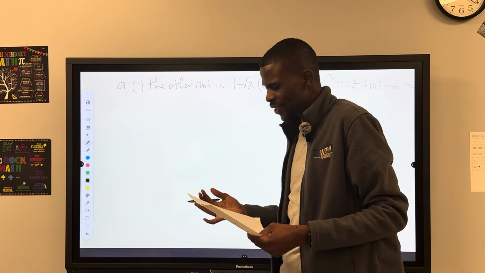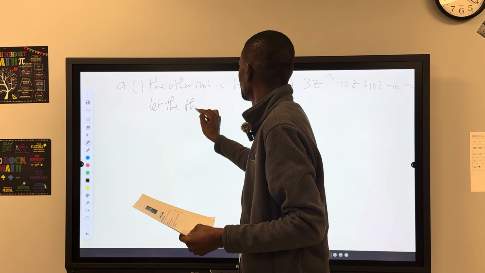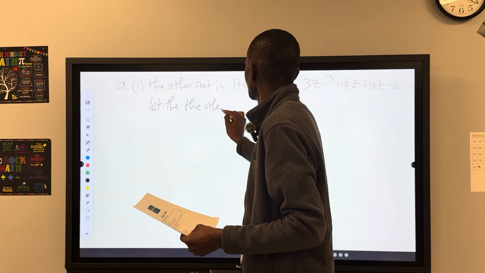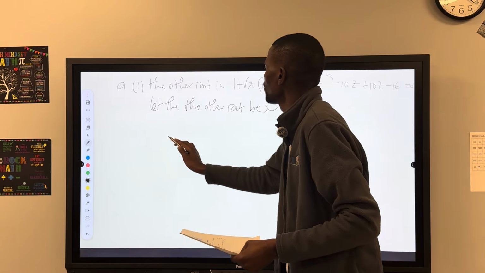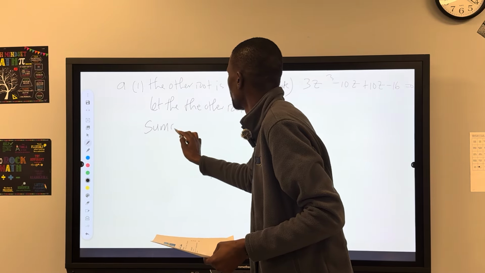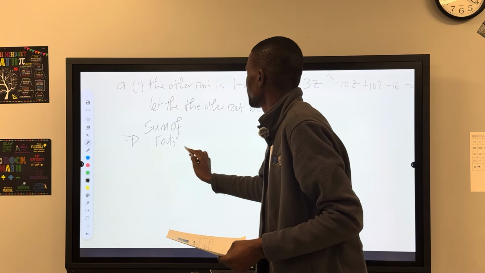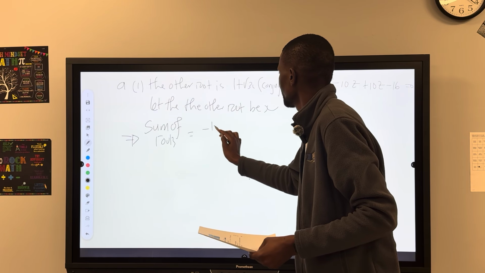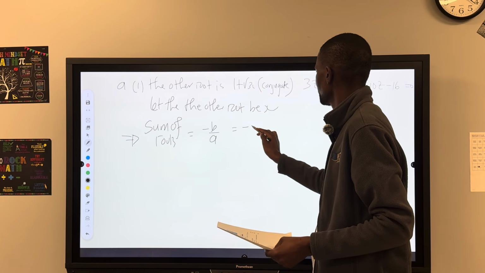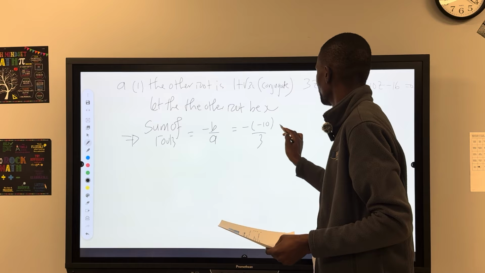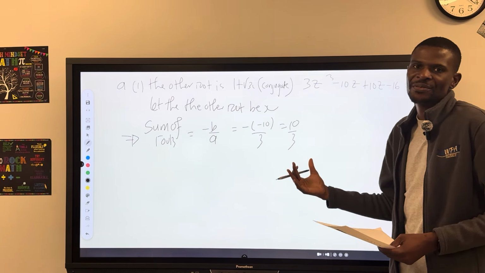To find the third root, we are going to let the other root be x. So we know that the sum of roots is equal to negative b over a. In this case, it will be negative of negative 10 over 3. So if we sum up all three roots, we must get 10 over 3.